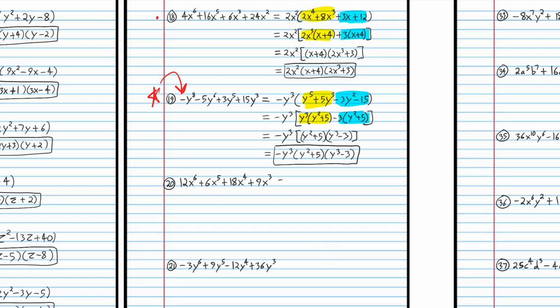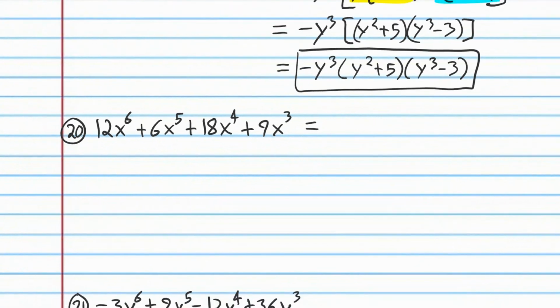Alright, we're back. So the greatest common factor is going to be, let's see here, looks like it's going to be 3, I believe, and x cubed.